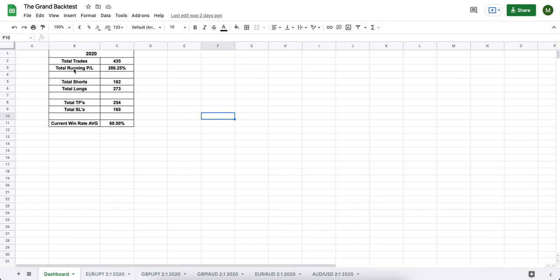Also, this running PNL is the completely raw PNL added from 5 different currency pairs, while the strategy itself allows you to have only a maximum of 2 open positions per day, which means that in this case you're seeing this incredibly high number, but that's because of the 5 currency pairs all combined.